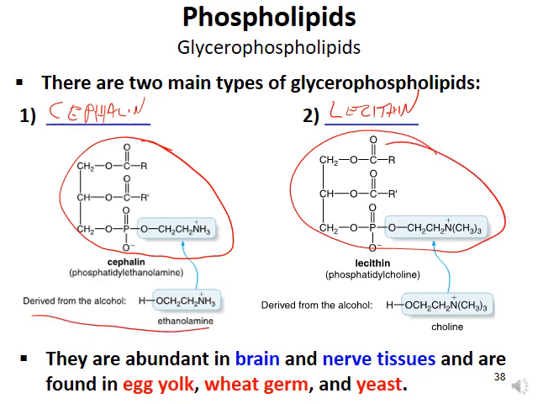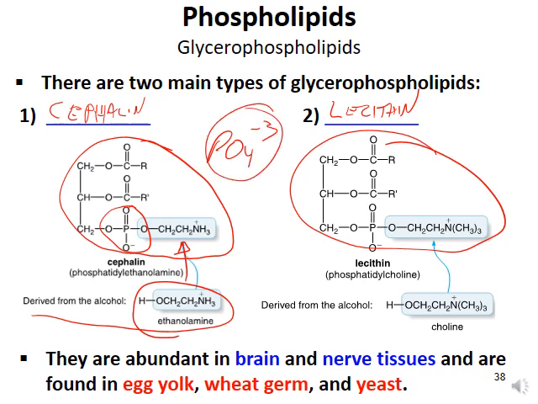And this is derived from ethanolamine. It gets chunked onto what almost looks like a PO4 negative 3-ish phosphate.